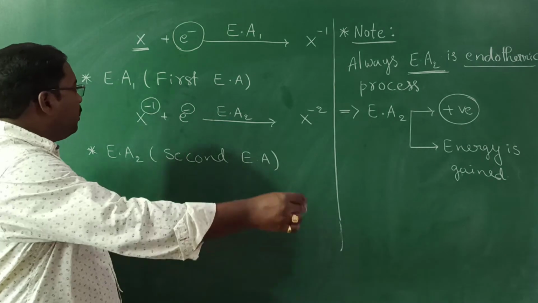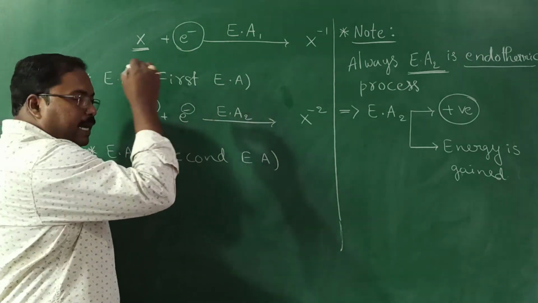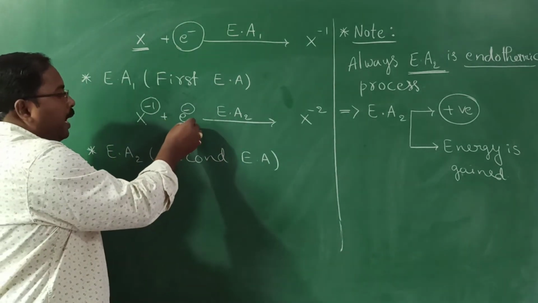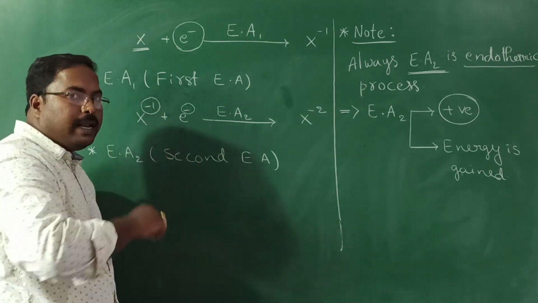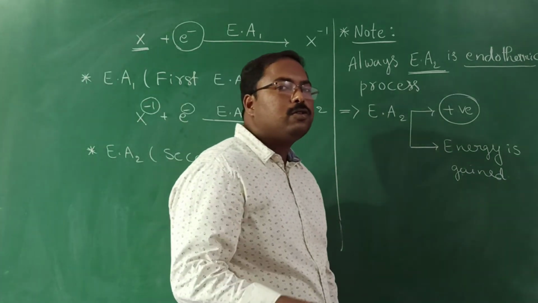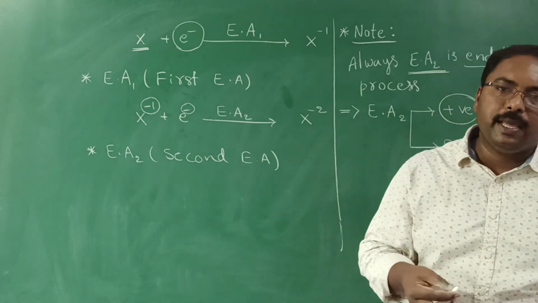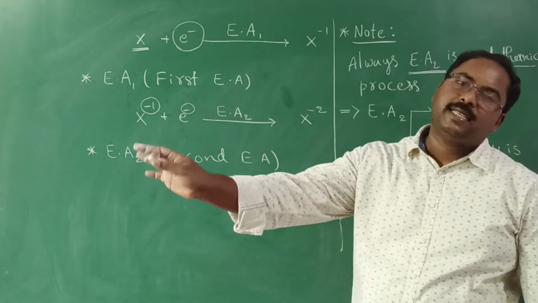Because in the case of second electron affinity, the electron is added to the negatively charged ion. So to overcome the repulsions between them, the energy should be supplied.